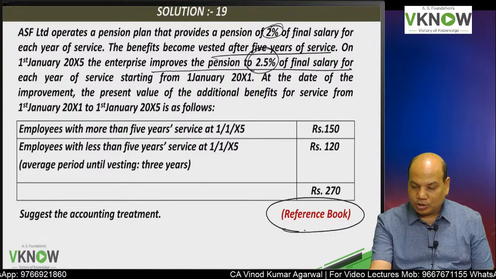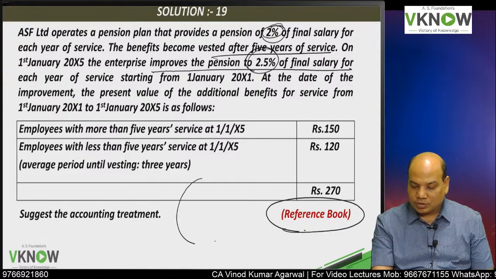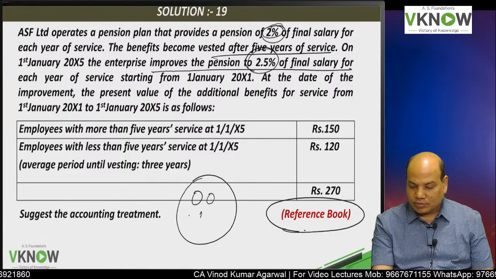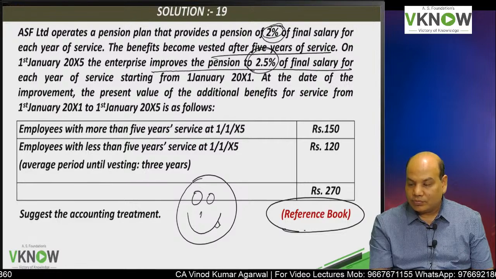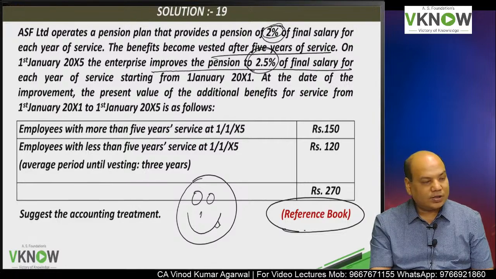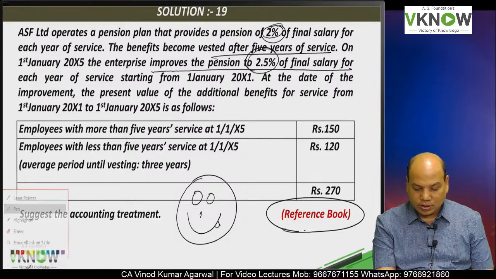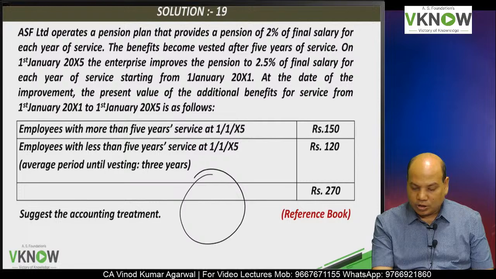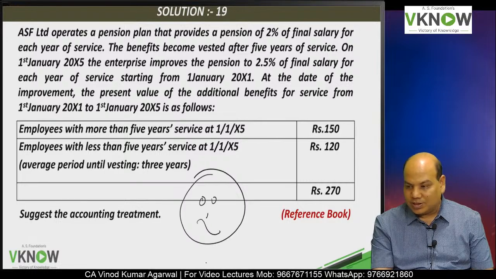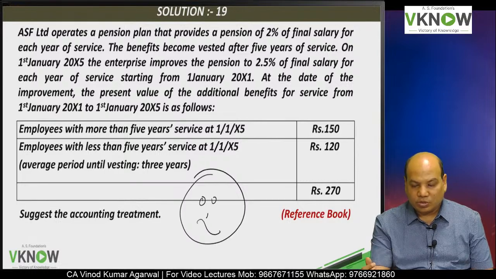Wow! Employee will be happy. This is the employee. Now he is super happy because his benefit has increased from 2% to 2.5%. Okay. And this is the employer. The employer will be sad because he has to pay more.